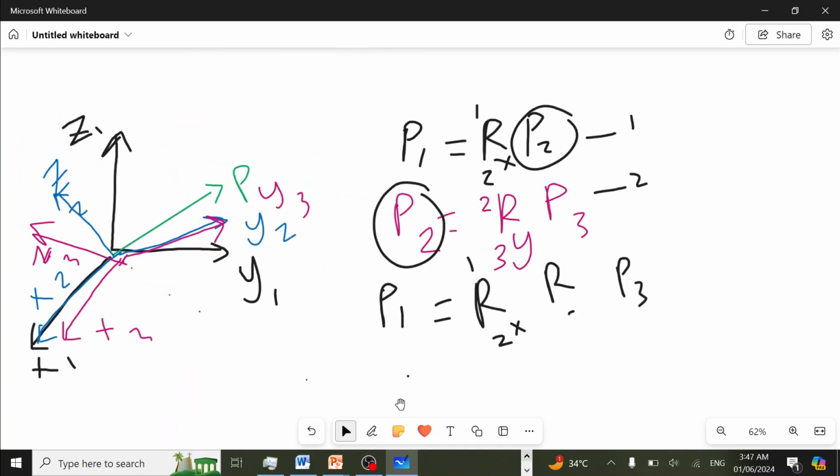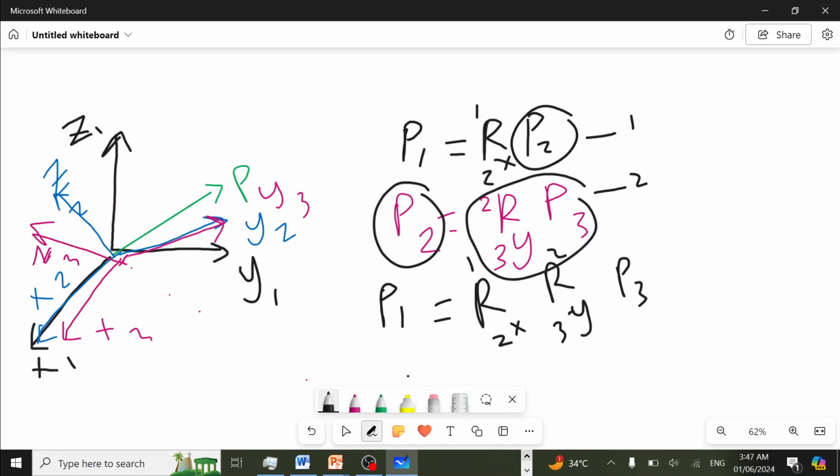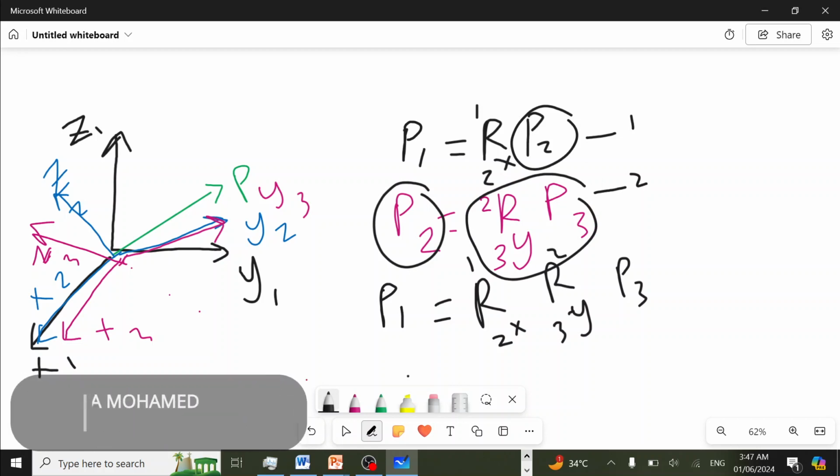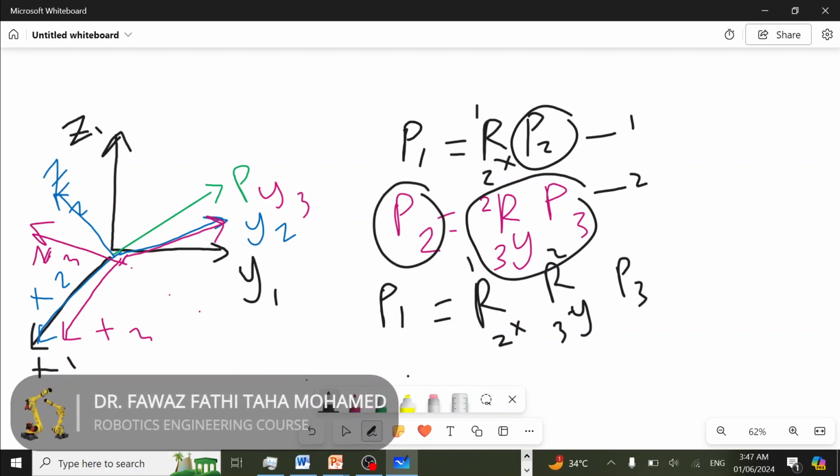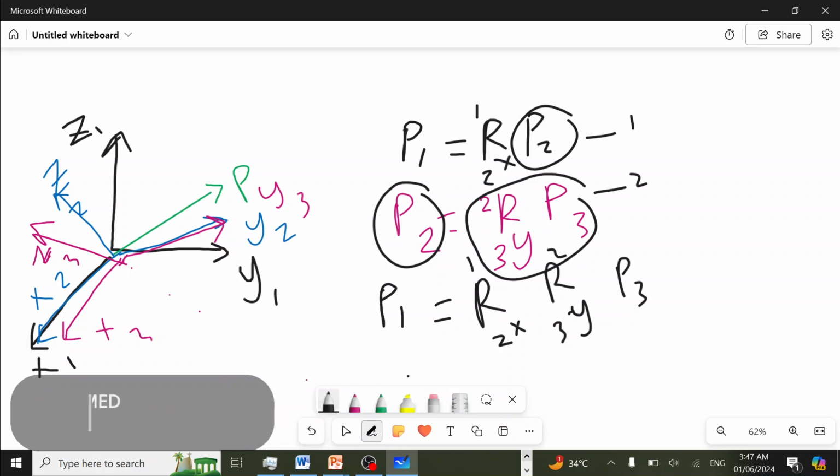Multiplied by Ry or R3 to B3, okay. I just replace B2 with all the equation 2 terms, and here we get the post multiplication.